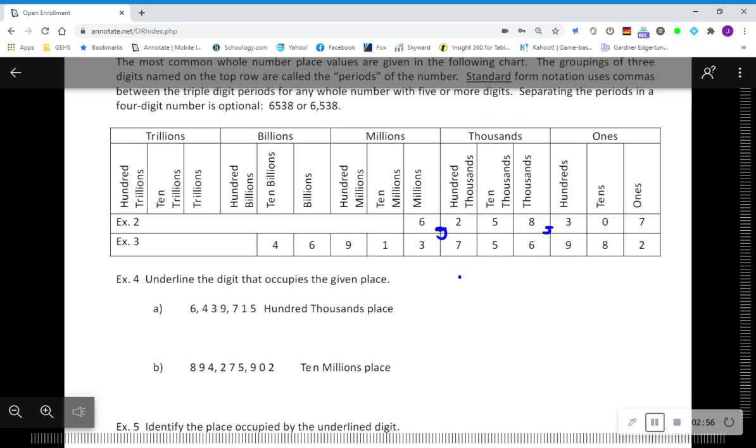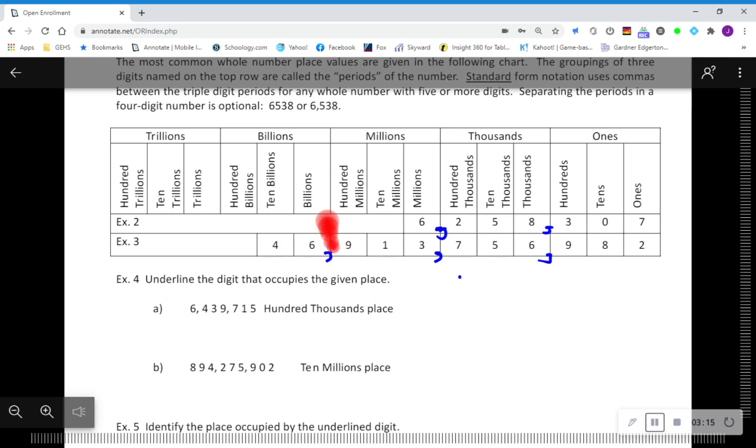307. All right, let's do the same with the next here. We'll separate the periods. So we'll separate the ones from the thousands from the millions from the billions. And you're reading from left to right. You say 46, and you get to the billions.